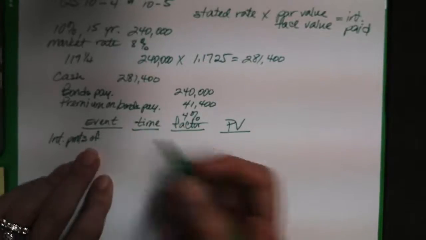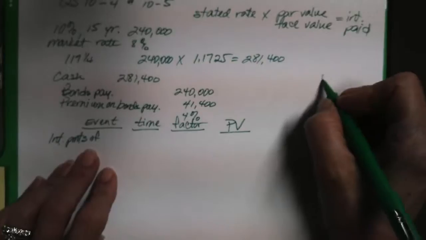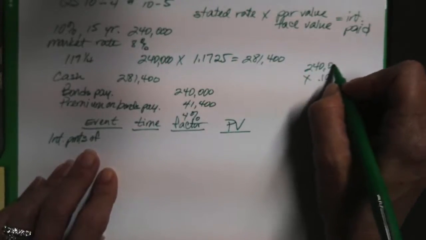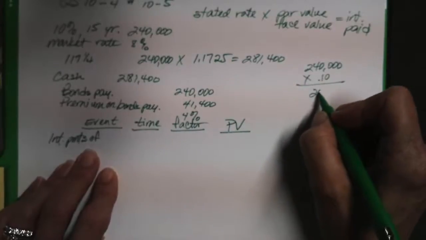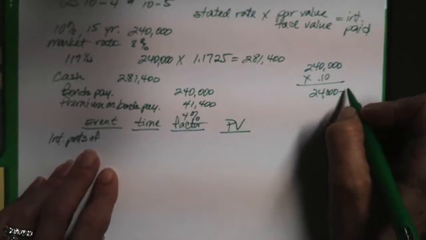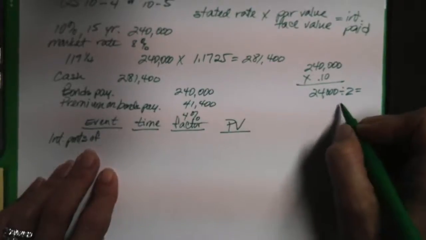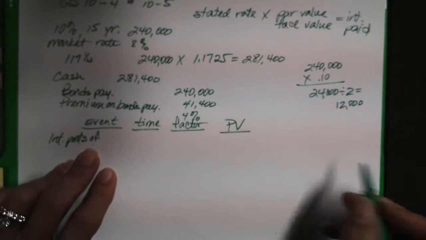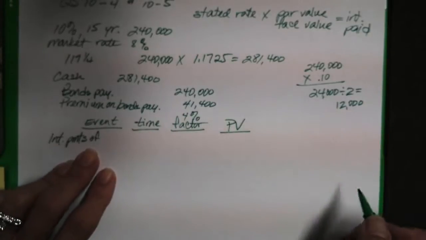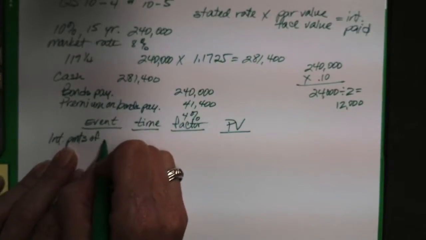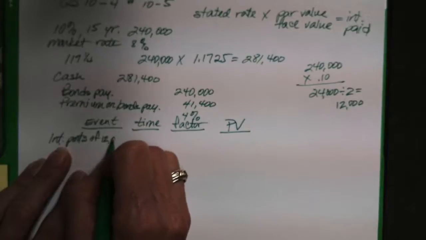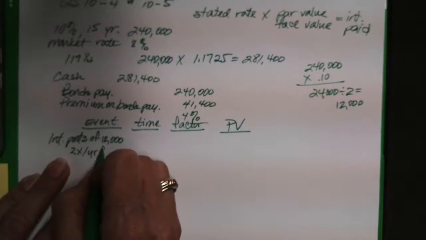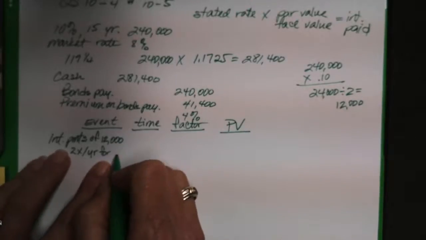Let's see what it is: 10% times 240,000 is 24,000, divided by 2 because of twice a year, which means I'm going to pay interest out to my investors $12,000 twice a year. So we're going to pay interest payments of $12,000 2 times per year for 15 years.